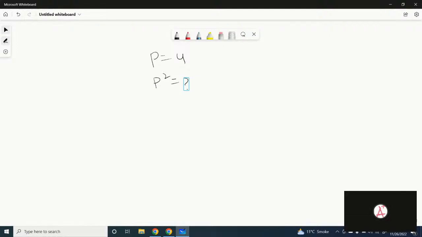Got it? Let's just replace the p with the value. So it would be 4 square. Got it? So 4 square equals 16. Got it?